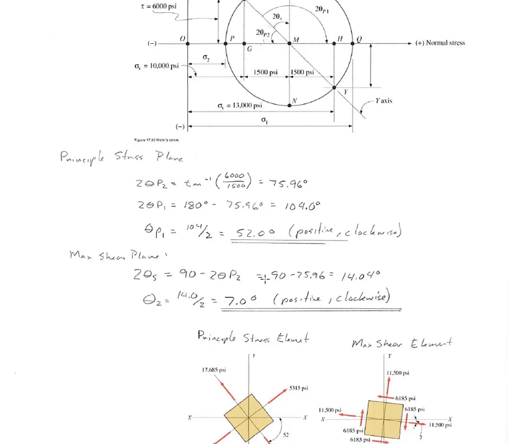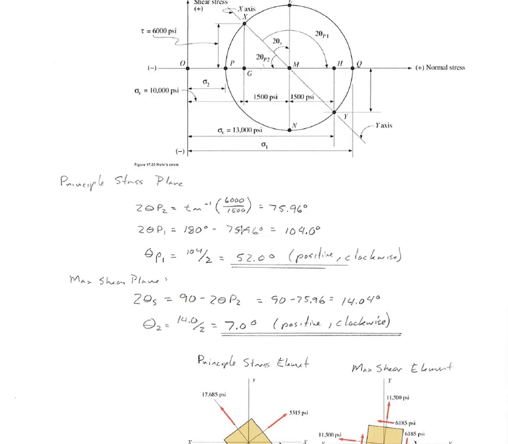Okay, so our principal planes, 2 theta p equals the inverse tangent of 6,000 divided by 1,500. Okay, so again, I am just looking at this 2 theta p2. I'm looking at this triangle XMG, and that gives me 75.96. And then when I look at this overall, my 2 theta p1 will be 180 minus this 75.96.